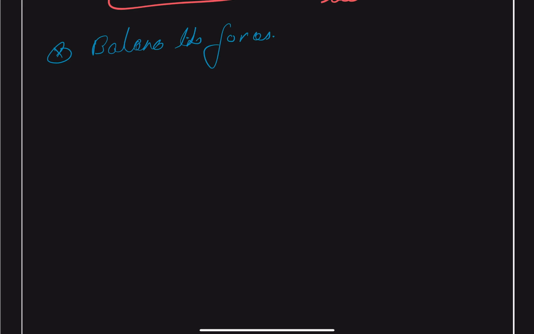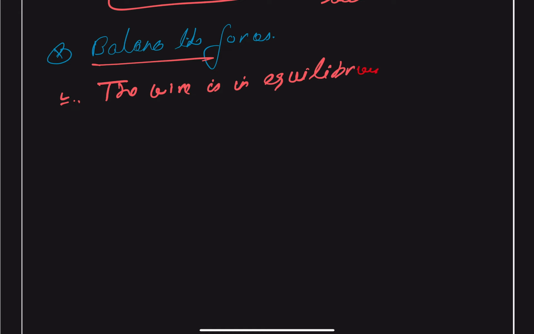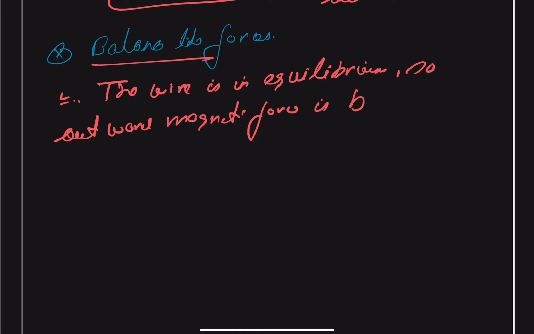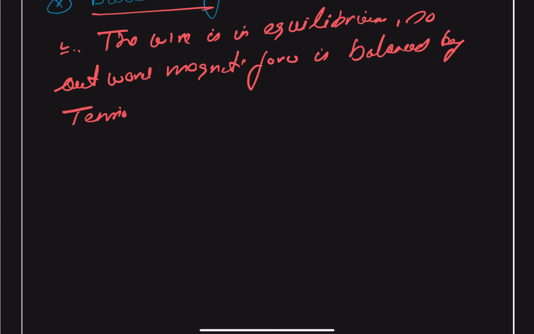As the wire is in equilibrium, the outward magnetic force is balanced by the tension T in the wire, which acts tangentially, as we have already seen.